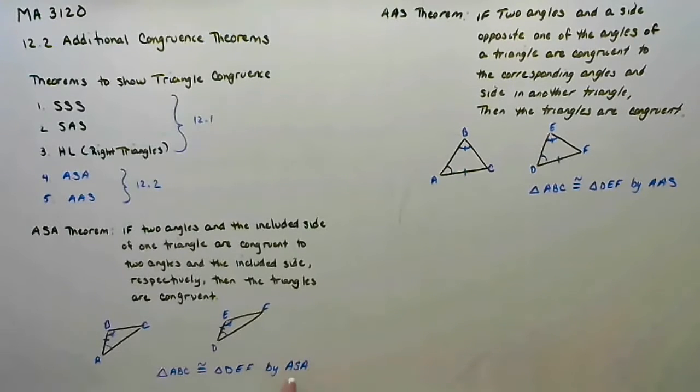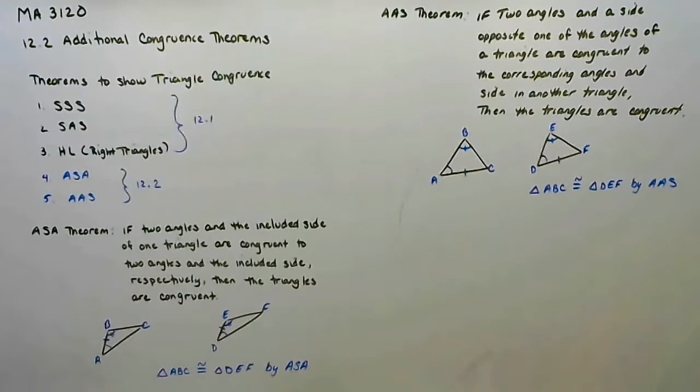And it's okay to just say angle, side, angle. We're only going to be doing a few theorems in this class, so you can abbreviate them the same way I've got them here. All right, we're not going into every theorem out there, but we are going to touch on a few.